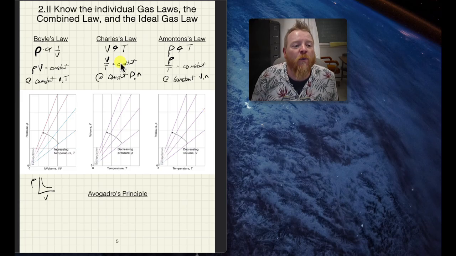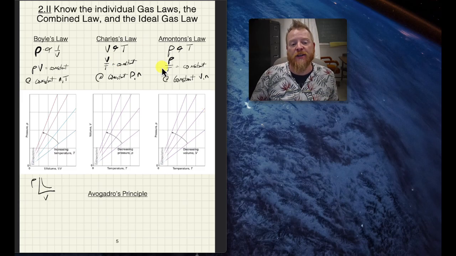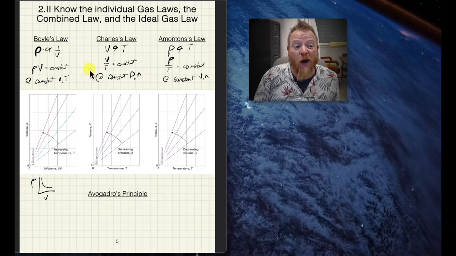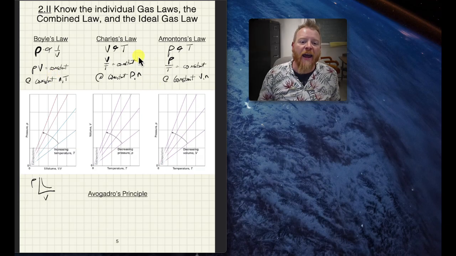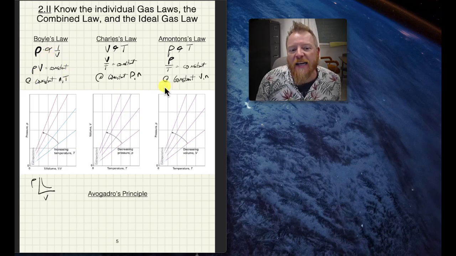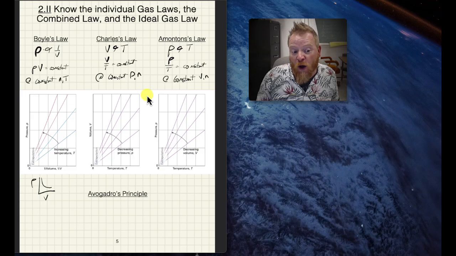So notice now with Boyle's law, Charles' law, and Amontons' law, they all are dependent on constant number of moles and the other variable which is not used. So we need to have some kind of law or rule on what to do with the number of moles.